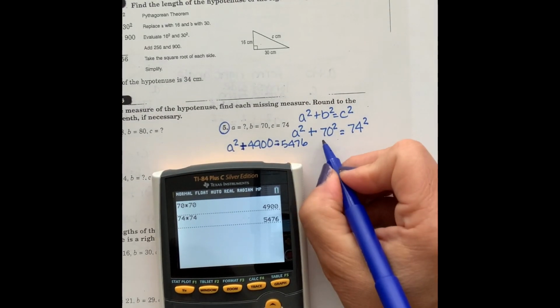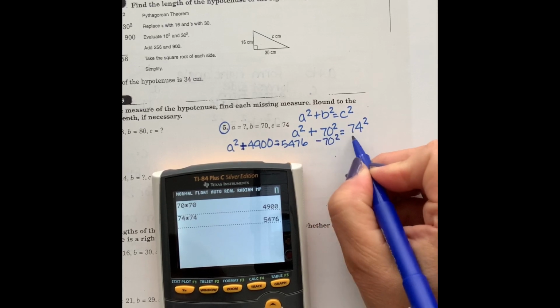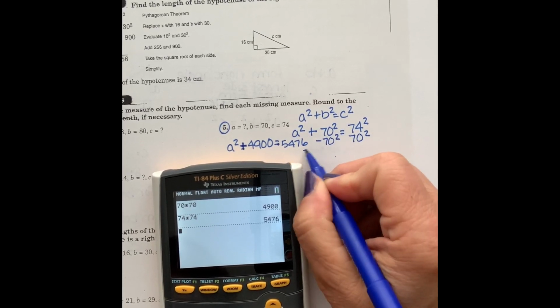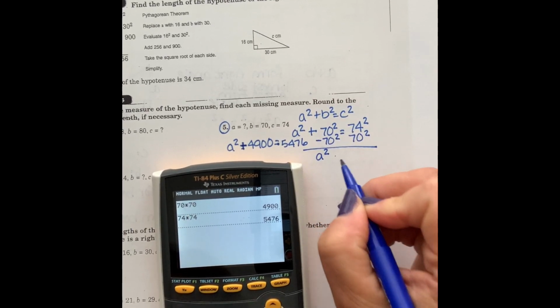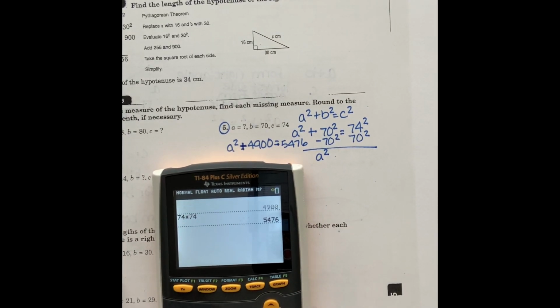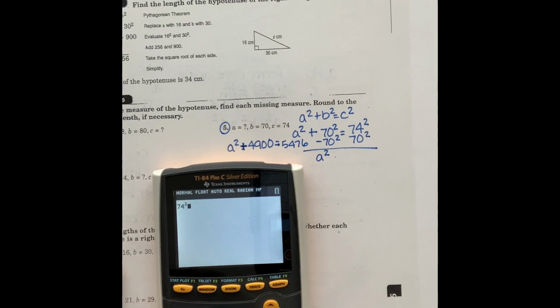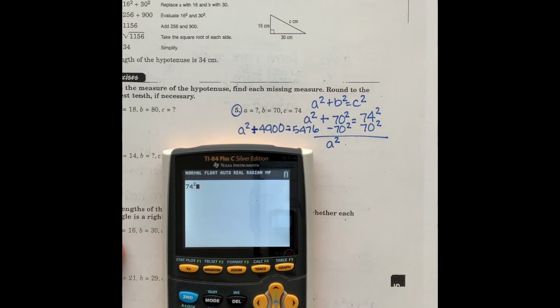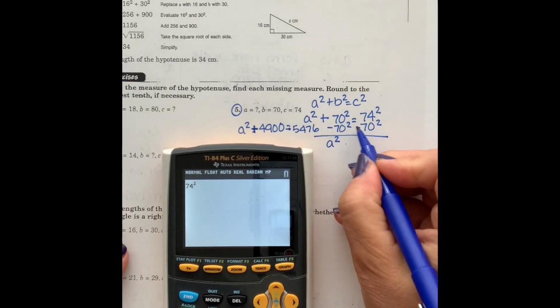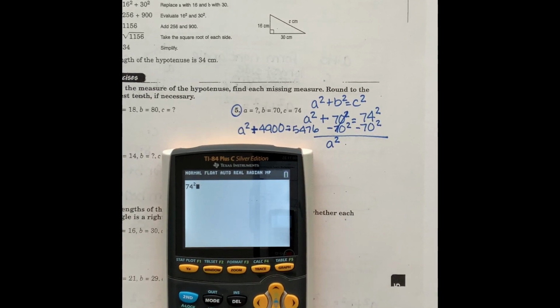And then you would subtract both sides by 4,900, and you would get what you get. I'm going to show you that if you have a scientific calculator or a graphing calculator, because it does order of operations, you could just type in 74 squared, and to get rid of 70 squared, I'm going to minus 70 squared on both sides. Oops, forgot the minus. Minus 70 squared. Okay.